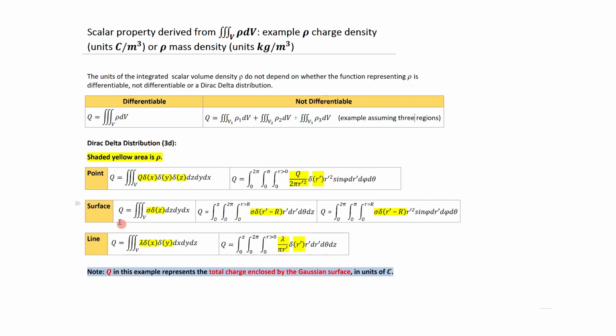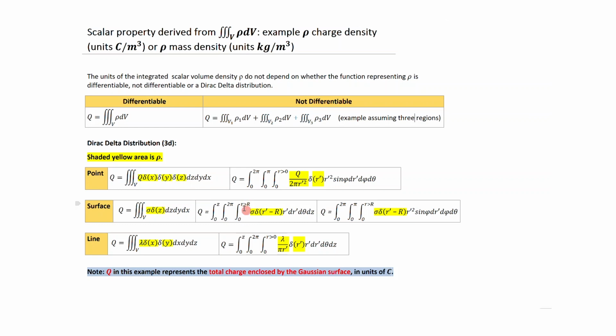What about a surface? If you have a surface, then the total charge on the surface would be surface charge density, delta z dz dy dx if we're dealing with a planar surface. This would be the example if we're dealing with a charge on the surface of a cylinder. And this would be the charge if we're dealing with the charge on the surface of a sphere. So this is the total charge enclosed.